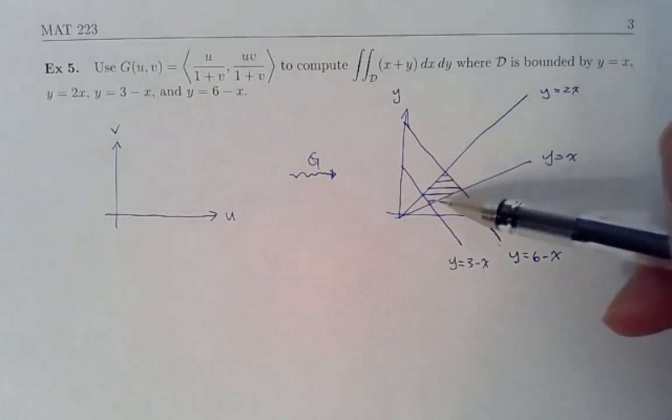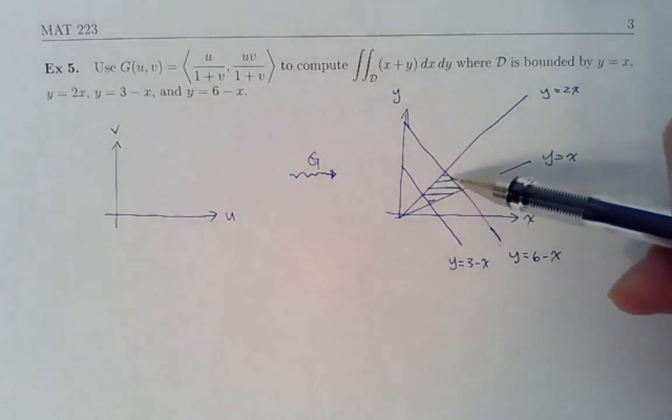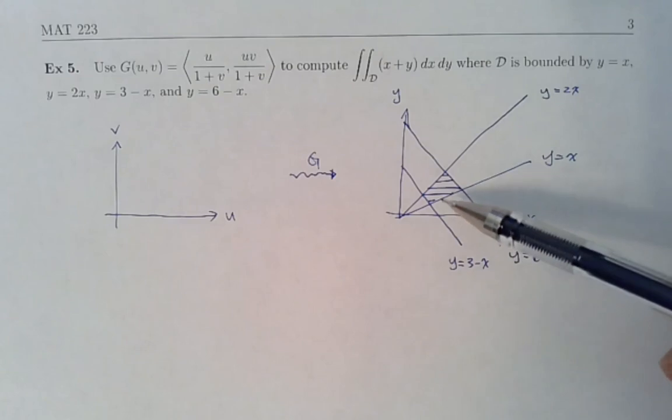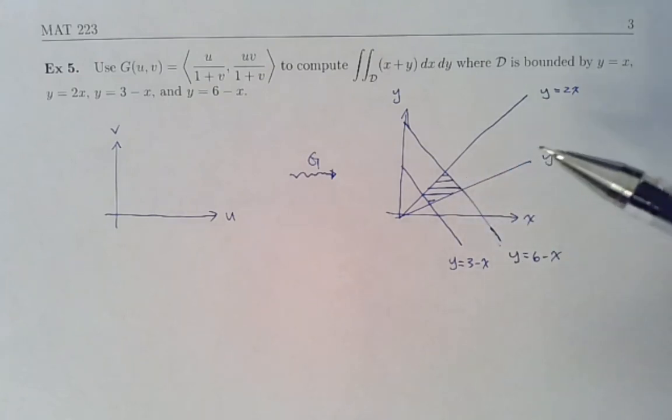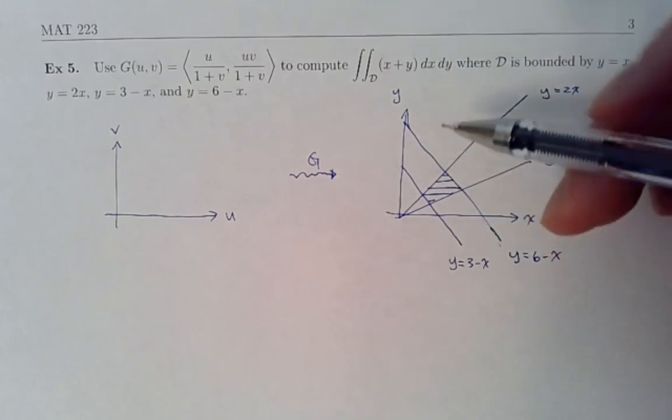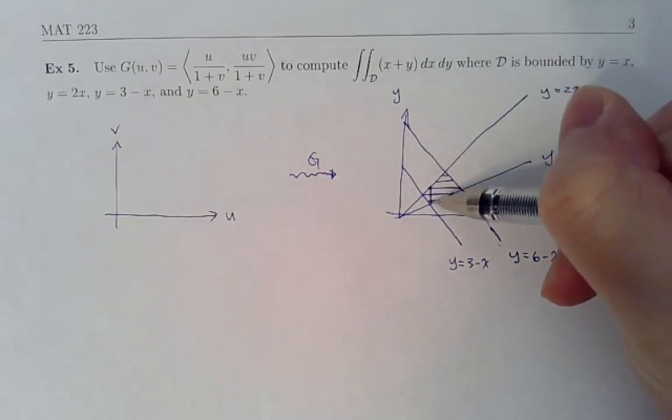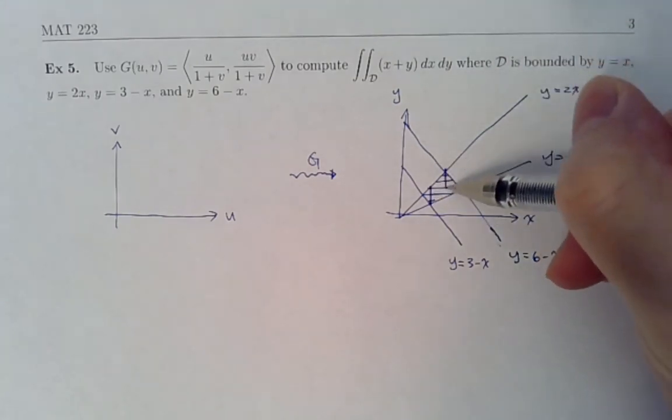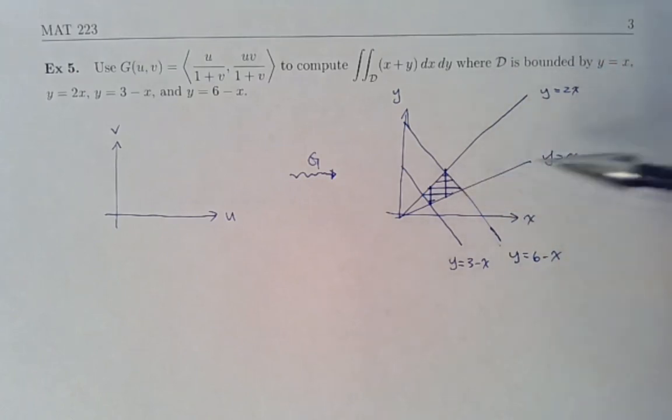One piece down here, one piece in the middle, and one piece up there, and then integrate those 3 things separately. Or you could split vertically like this, then you'll have one piece over there, one piece in the middle here, and then a third piece on this side. So you'll need to calculate 3 double integrals.